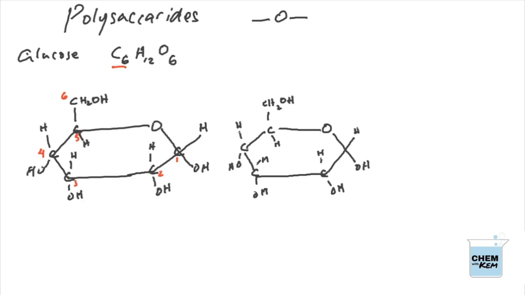So again, carbon 1, carbon 2, carbon 3, carbon 4, carbon 5, carbon 6. So whenever we have glucose molecules joining to give us the saccharide linkage, this is where the joining takes place. It's between carbon 1 and carbon 4. So carbon 1 from one of them and carbon 4 from the other. So it's the OH from either one that works with the H from the other one. And water will come out. The small molecule we'll get here is water.